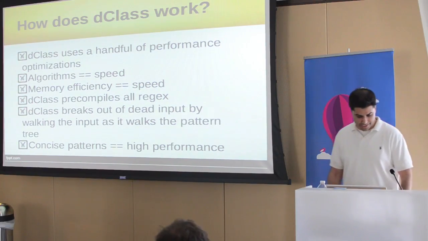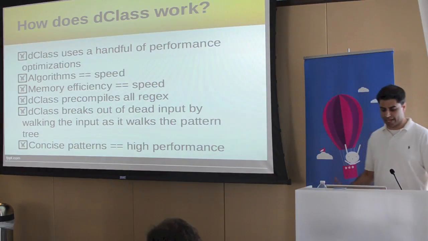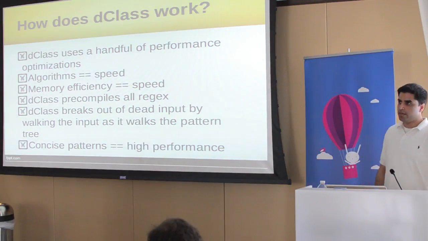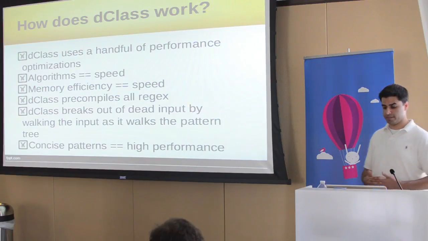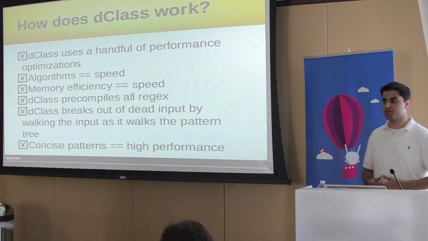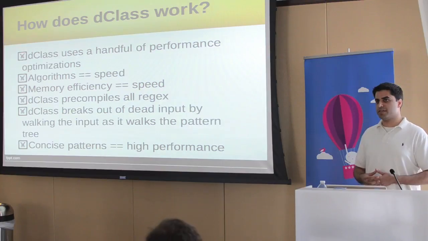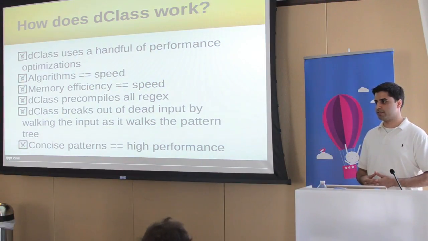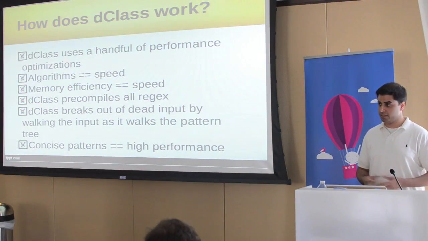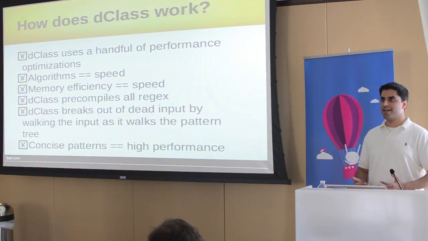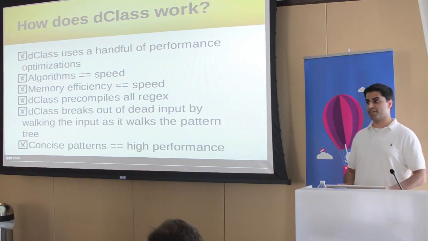dClass also breaks out dead input by walking the input as it walks the pattern tree. To give you an example, let's say we're talking about the device detection domain, and we're looking at a user agent. It actually only looks at about a quarter of that user agent string. 75% of that string is ignored because it knows a dead pattern when it sees one.